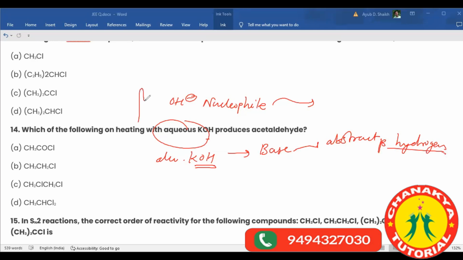You need to understand this basic difference between alcoholic KOH and the nucleophilic OH. So aqueous KOH is nothing but nucleophilic KOH. How would this nucleophile attack this substrate, and which one would give you acetaldehyde? What is the structure of acetaldehyde? First of all, check the structure of acetaldehyde, students.